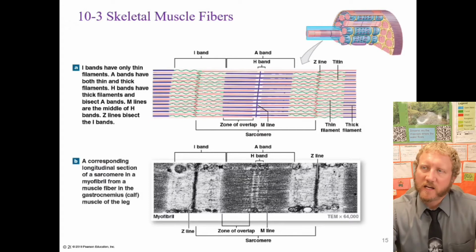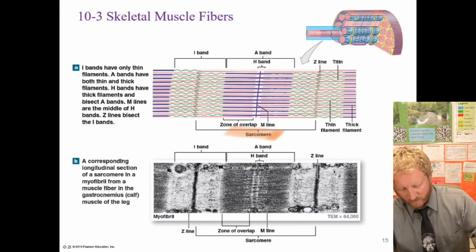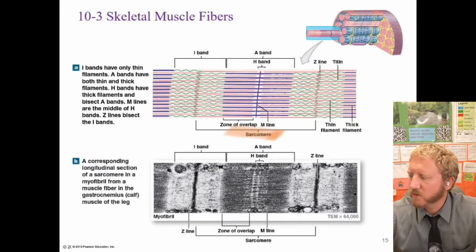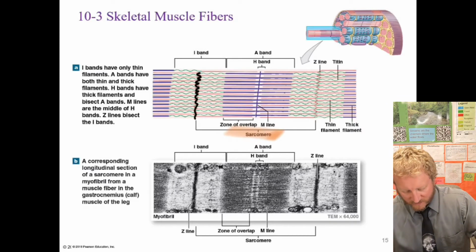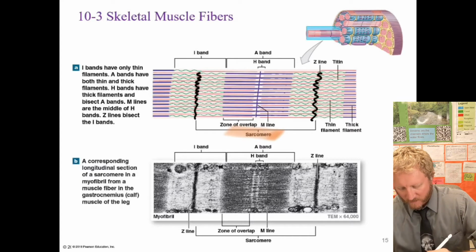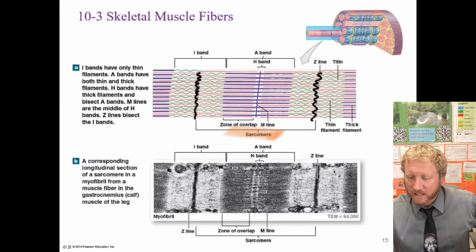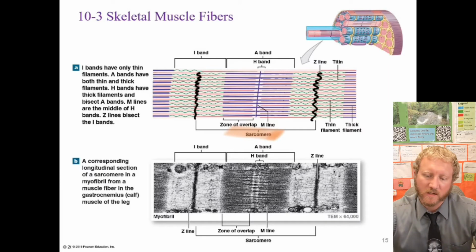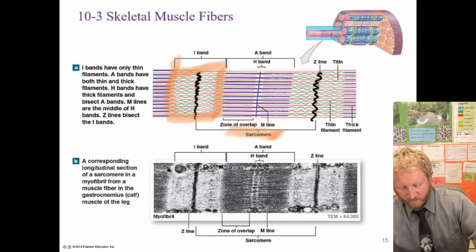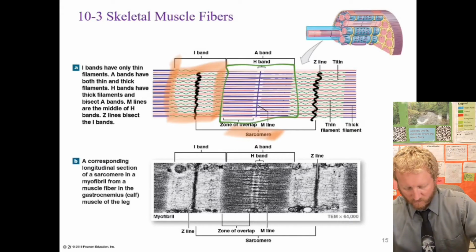We can divide up a myofilament into functional units called sarcomeres. A sarcomere is the functional unit of the muscle fiber. Basically it goes from something called the Z line, and it's called that because it's zigzaggy, kind of like a Z, to Z line. Then you've got other bands in there and other proteins, like the I band, which is the lighter bands right here, and the A bands, which are the dark bands right here.